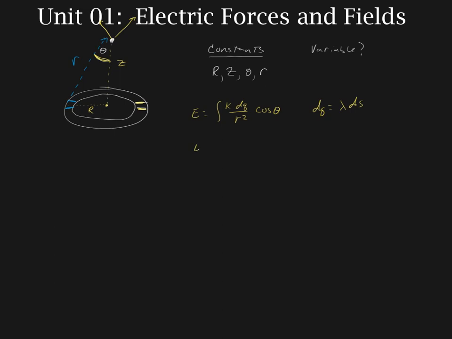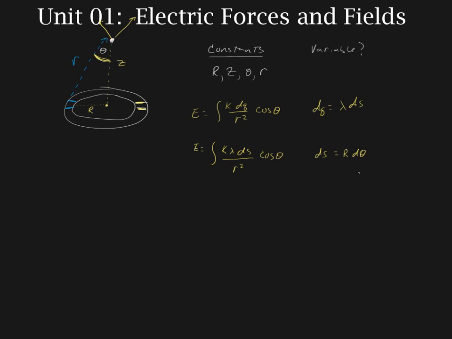So we get E is equal to the integral of k lambda ds over r squared times cosine of theta. ds is going to be made up of capital R d theta.